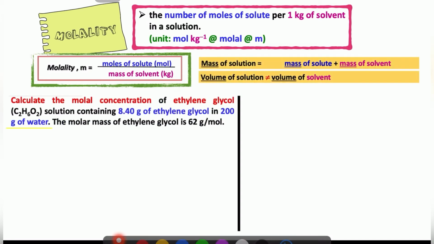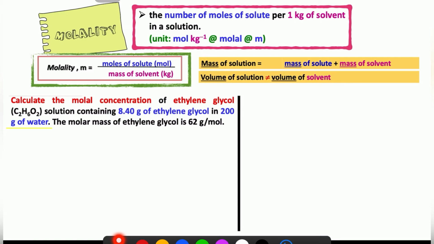Calculate the molal concentration of ethylene glycol, with the molecular formula given here, containing 8.4 gram of ethylene glycol in 200 gram of water. The molar mass of ethylene glycol is 62 gram per mole.